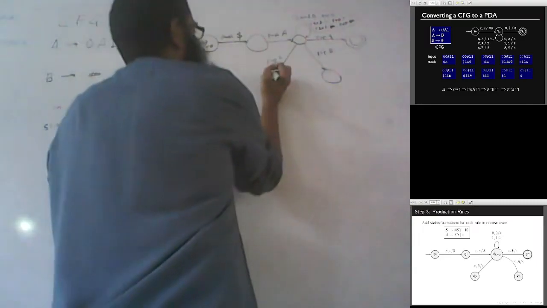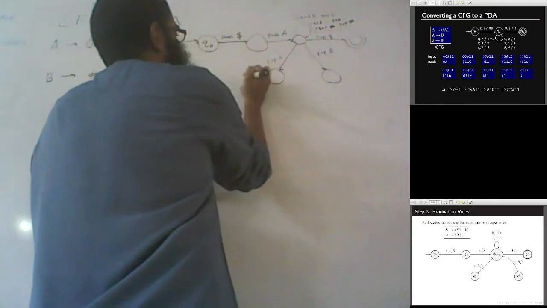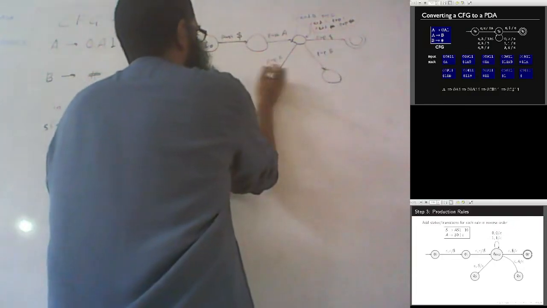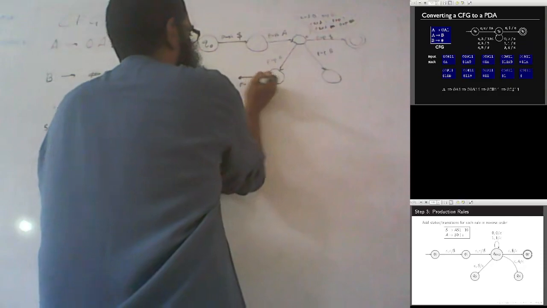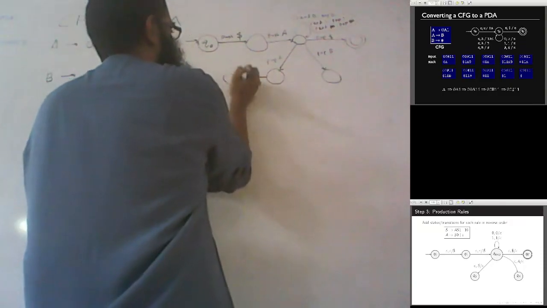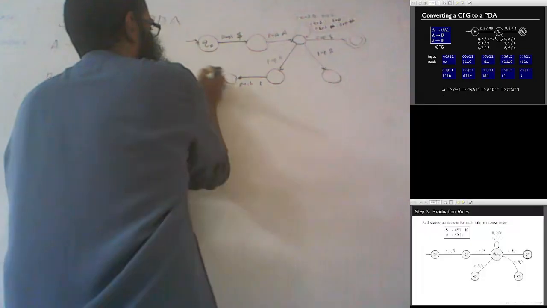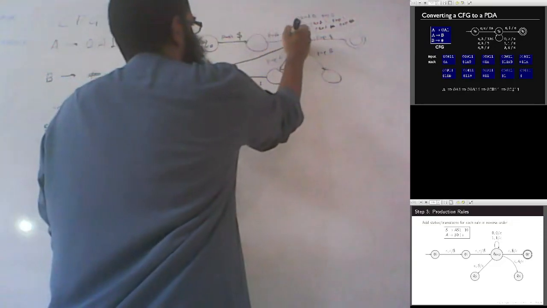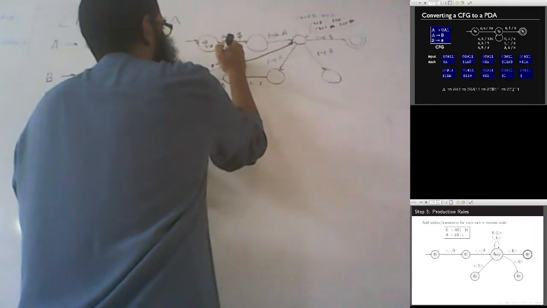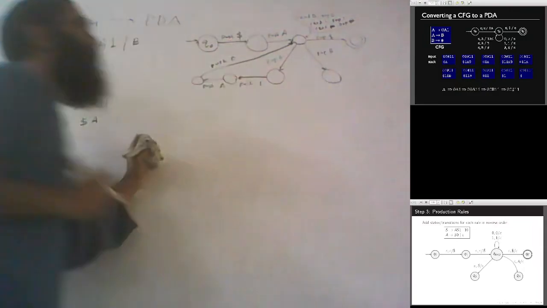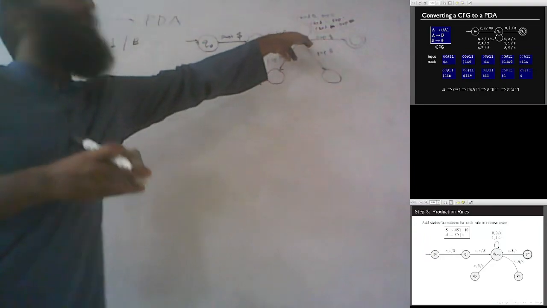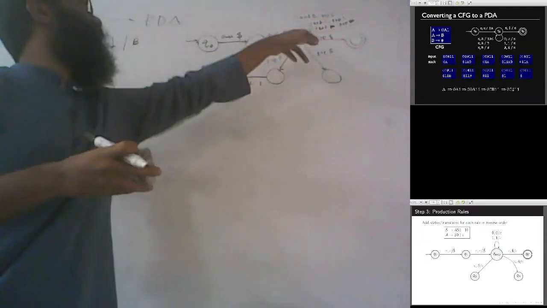So from the state, we can push 1, go to some state, and then we go back here where we push 0. You always go back to this center state, the third state from the top.